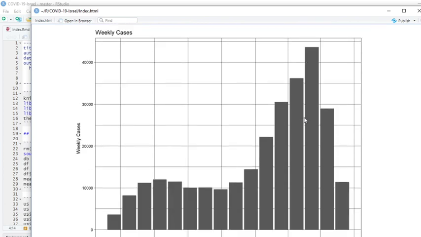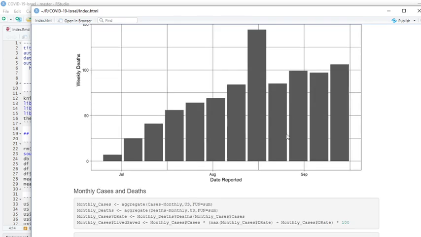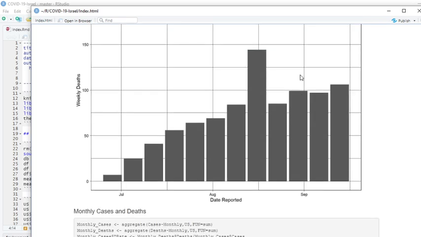Let's take a look at weekly numbers. You can see last week's numbers were the first decline in 5 weeks. The first decline in cases in the previous 5 weeks. Deaths are kind of flat. Last week you had 100, but you had 100 still less than this here.